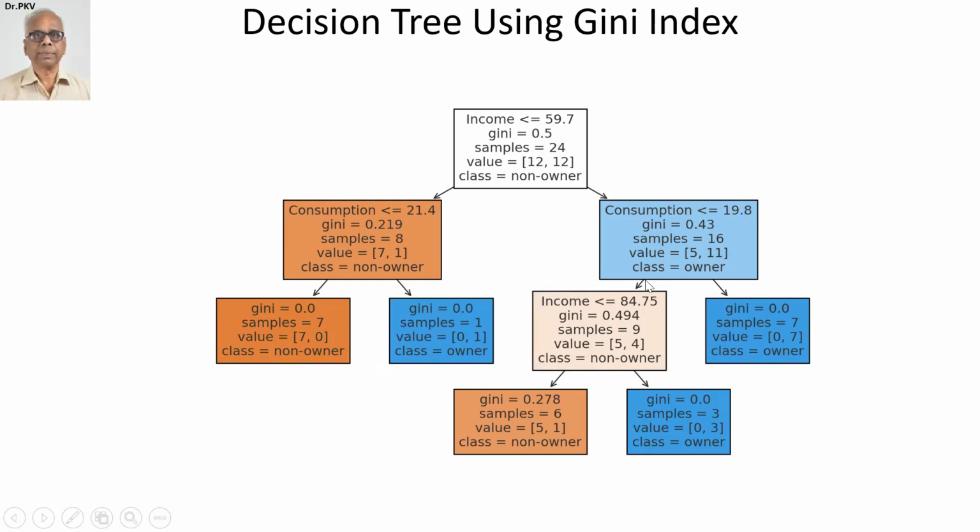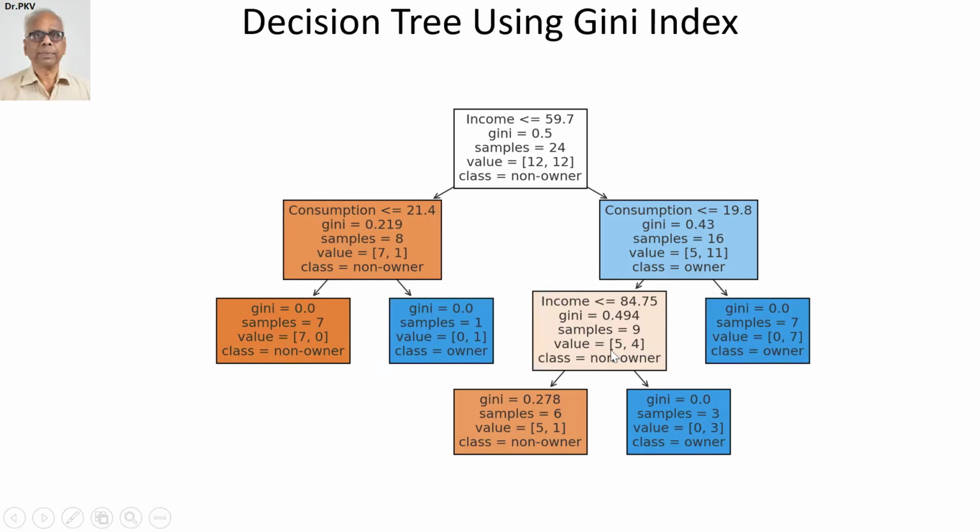When this is negated here, for example, then I ask the question, income is less than or equal to 84.75. If yes, then Gini is 0.494, sample is equal to 9, value is equal to 5, 4, class is equal to non-owner. Why? The first class is non-owner, the second class is owner.